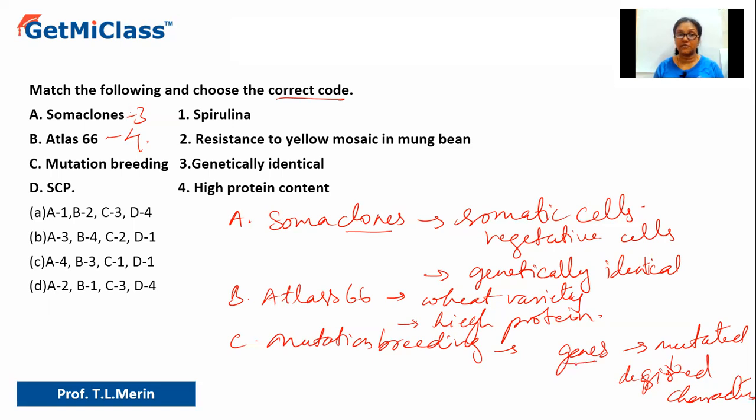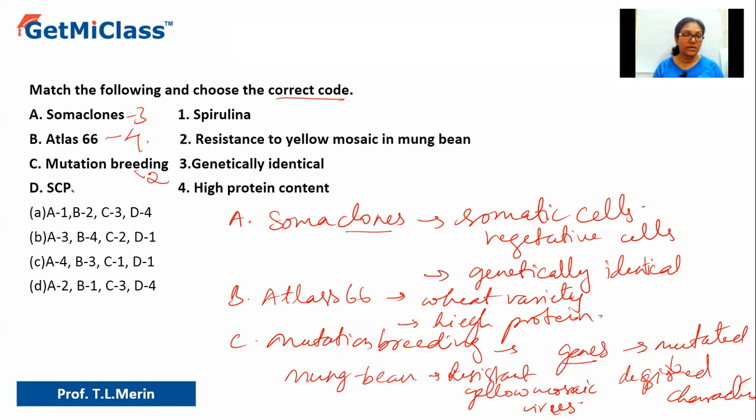Specific base sequences are mutated. One such example is in mung bean, where by mutation breeding it was made resistant to yellow mosaic virus. So that is done by mutation breeding, and C1 will match up with option 2.